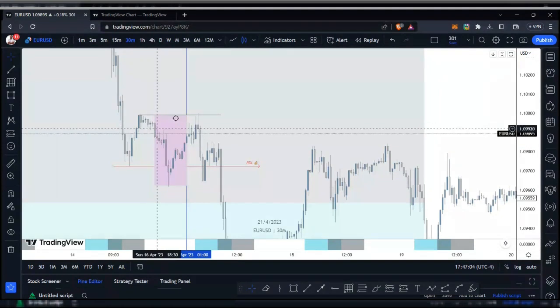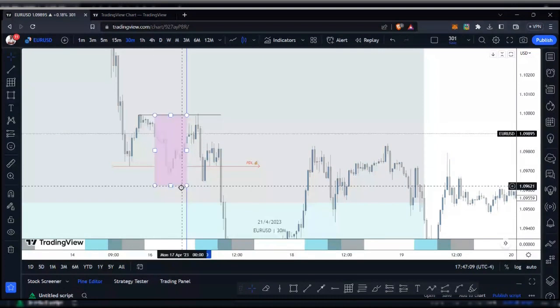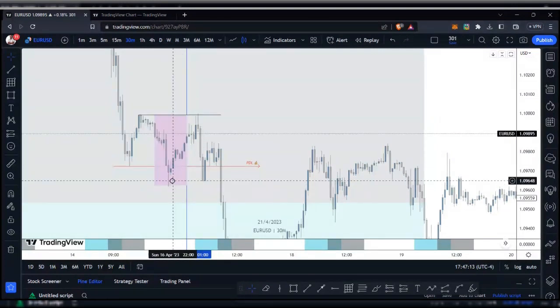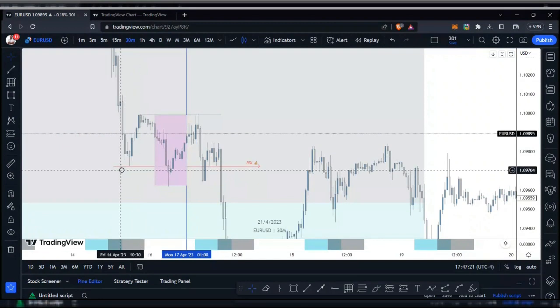So now Monday opened, and all of a sudden, let's say the Asian session kicked in. And in the Asian session, they went straight to take this previous day's low. This will be last week now, but it's still known as previous daily's low. They went back to take that previous daily's low.